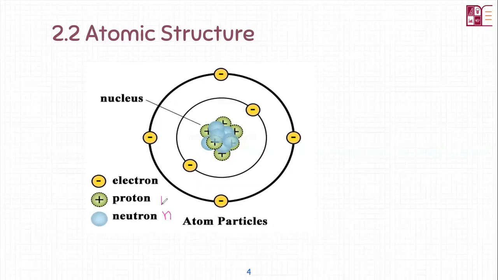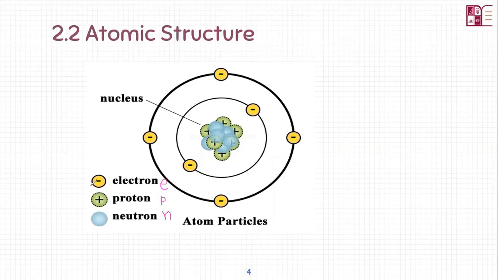The protons are represented by small p, they carry a positive charge, and electrons are represented by small e, they carry a negative charge. So one proton carries +1 charge, one electron carries -1 charge, and the relative masses of the proton and the neutron are equal. So protons and neutrons have equal relative masses, which is 1.